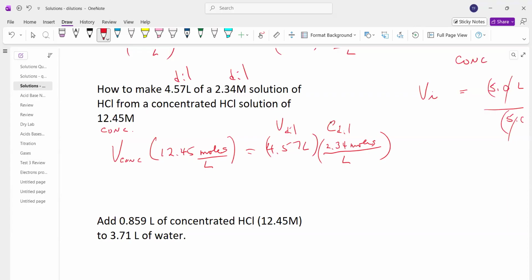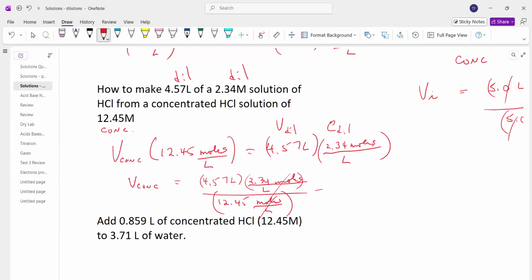Now we're just going to solve: how much of the concentrated acid do we need? Okay, so we have 457 liters times 2.34 moles all over 12.45 moles per liter. Okay. Units, moles per liter cancels, leaves us with liters of concentrated acid.